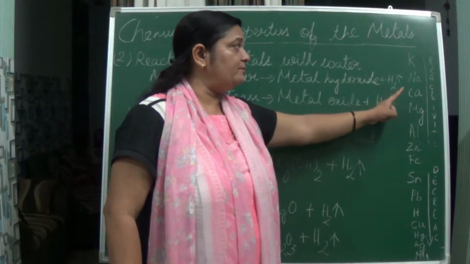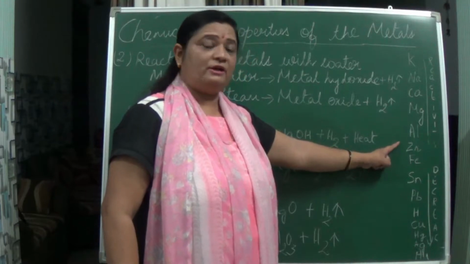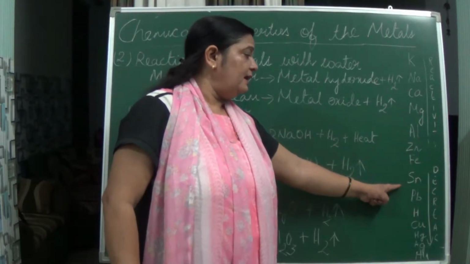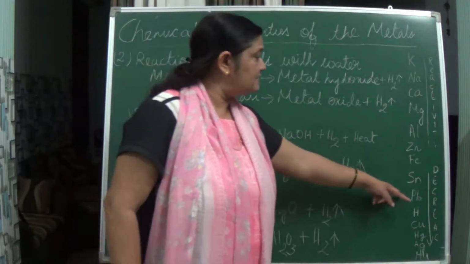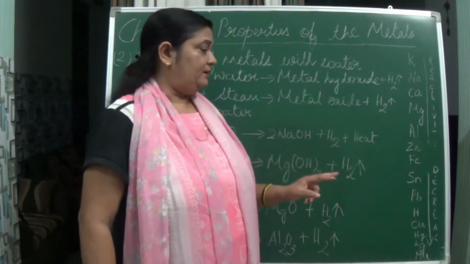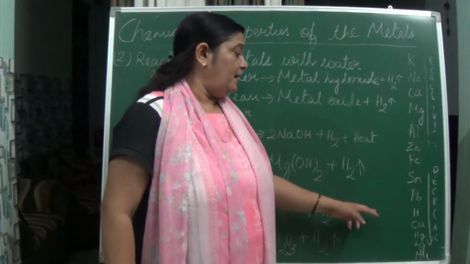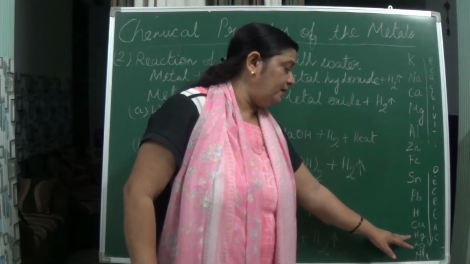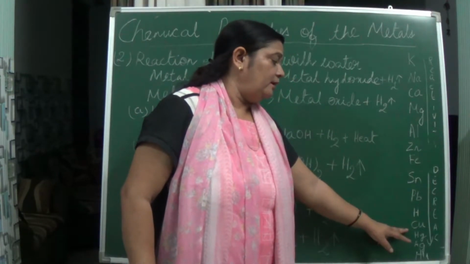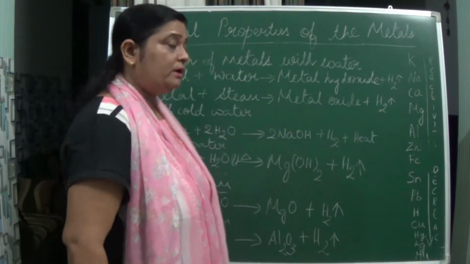Potassium, and then sodium, then calcium, then magnesium, then aluminium, zinc, iron, tin, lead, and hydrogen. Only these elements can displace hydrogen, isn't it? The rest can't give out hydrogen. Copper, silver, mercury, gold, they can't.